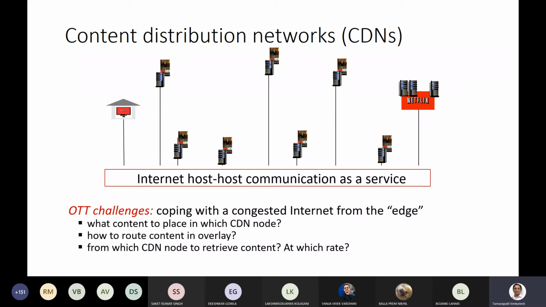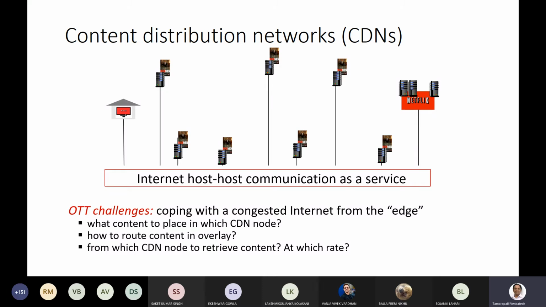You can have something like popularity. You can have this decision done based on the historical access patterns, based on the user base for a particular video or a particular language. So based on the specifics of the content, you can decide at which particular node to place this content. Then, how do you route the content across these overlays?